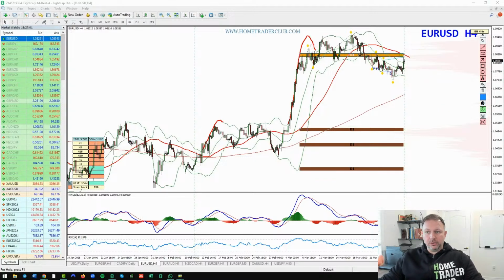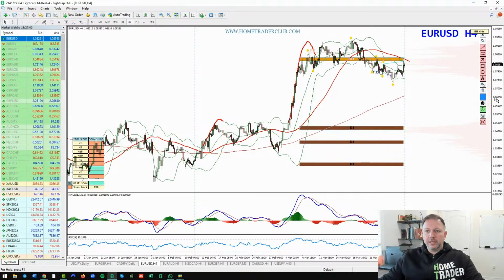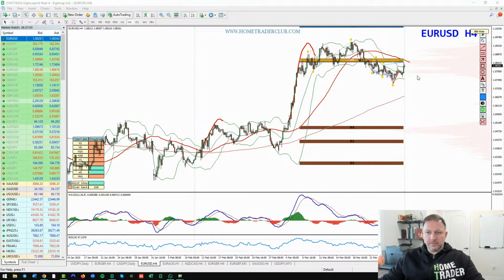The next scenario, which also is possible: the euro is making its buyers, let's determine them this way, take the final control or the full control, making the sequence of higher highs, higher lows, hold the control, get the bounce.